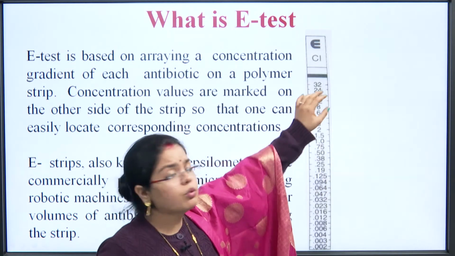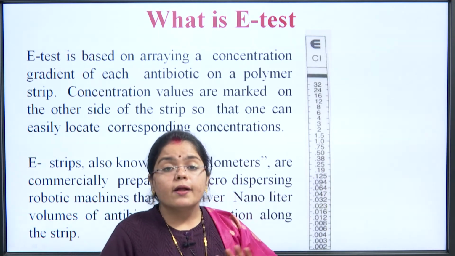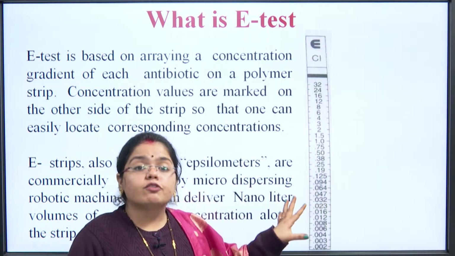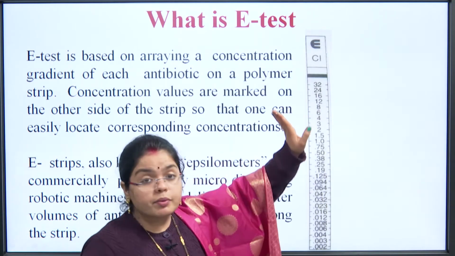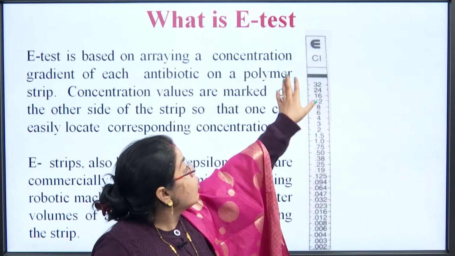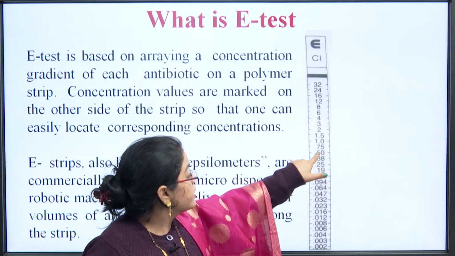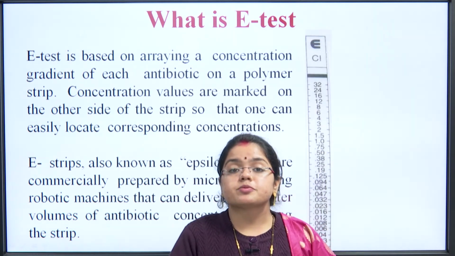If it is 32, only 32 is there; exact concentrations are maintained so that there is no variation in the study. It is a pretty precise method for determining the concentration of the antibacterial agent. If it is 24, these are the concentrations present on the strip. If we are talking about this area, only 0.5 nanoliter of the antibiotic is present here.